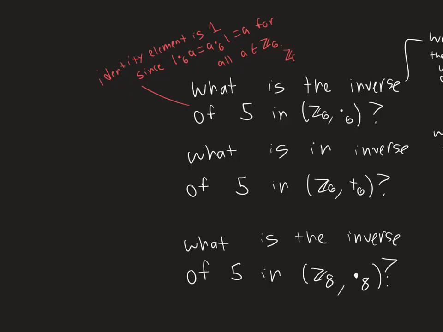Remember Z6 is 0, 1, 2, 3, 4, 5. Now the question is, what is the inverse of 5 in Z6 multiplication? Another way of writing this is 5 times x equals 1. If we can solve this equation, then whatever we figure out for x is going to be the inverse of 5.